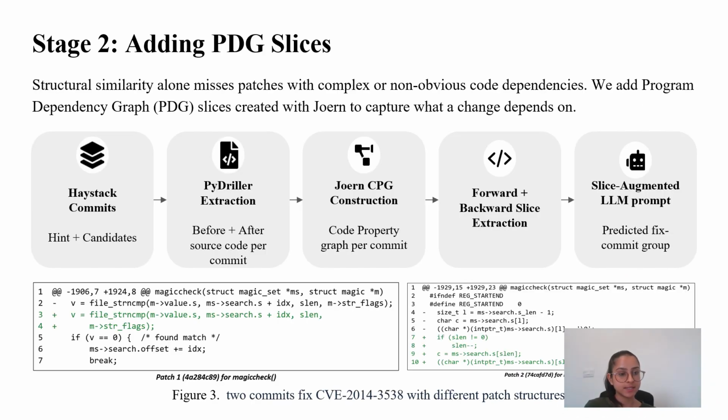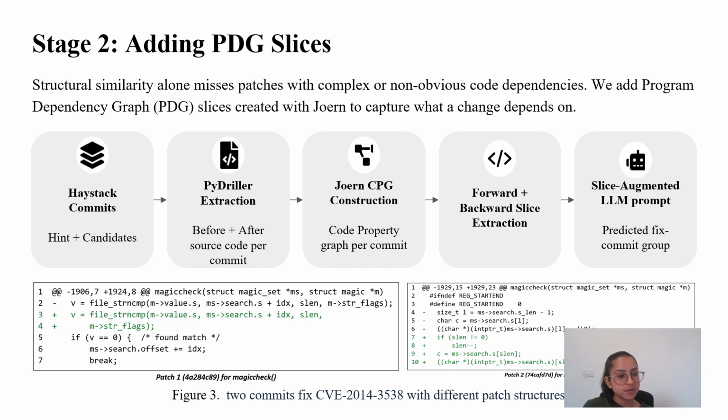Stage 2 adds on to stage 1 by addressing the problem that structural similarity alone can miss patches with complex or non-obvious code dependencies. And these code dependencies cannot just be modeled with only commit diffs. So this stage addresses that problem by adding PDG slices. First we have the hint and candidates for each of those CVEs, and using those commit diffs, PyDriller is used to extract the before and after source code per commit.